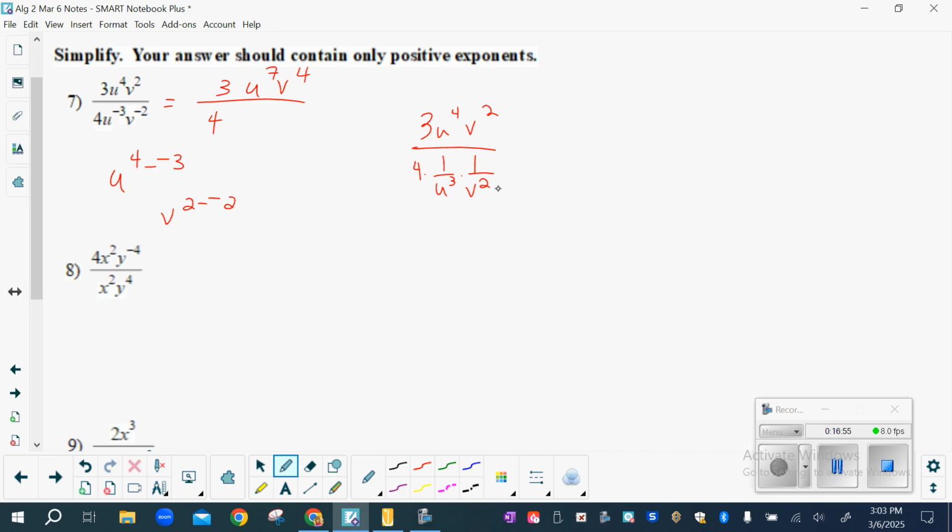They end up going on the top, because if I multiply top and bottom by the u to the 3rd v squared, they go up to the top. So really it's 3u to the 4th times u cubed times v squared again. So if you want, you can do it that way. You end up getting that same answer as this one over here. All I did was rewrite this with the negative exponents and move them up to the top. So if I want to get rid of those negatives, I can move them up to the top. I just showed you 2 different ways to do it.